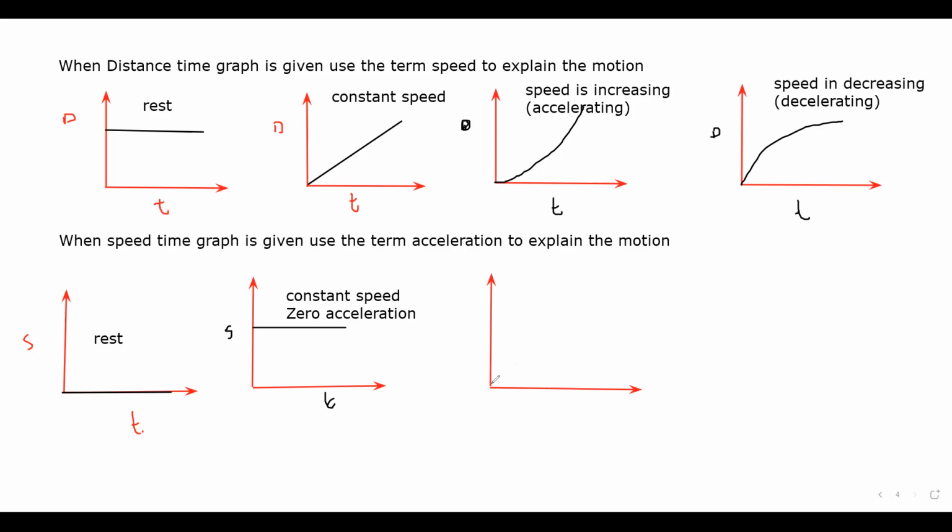If the slope is constant for a speed time graph, what can you say about the motion? You can say it is constant acceleration.